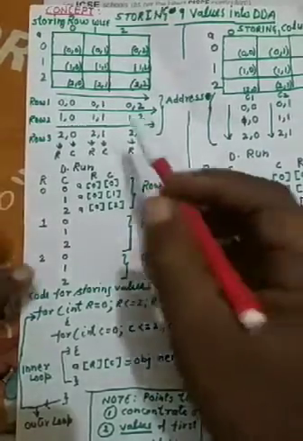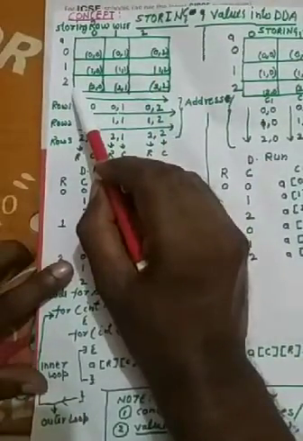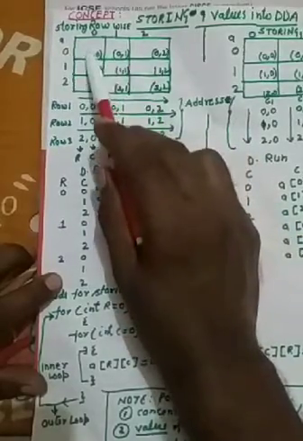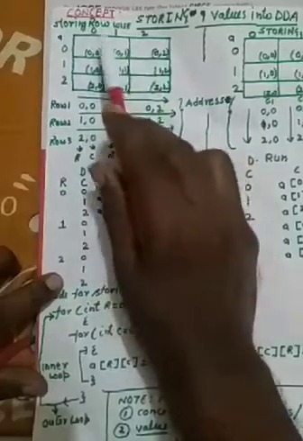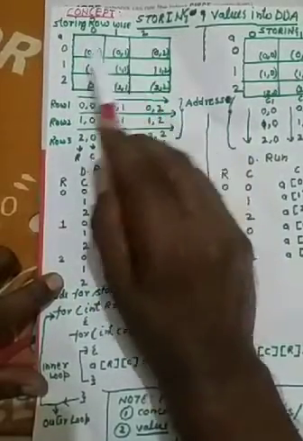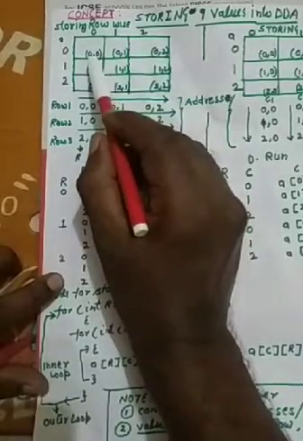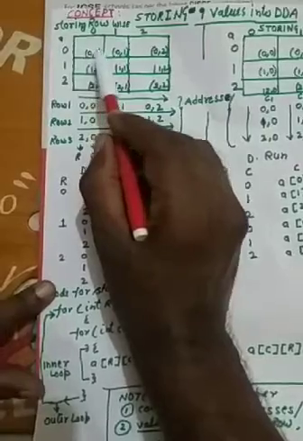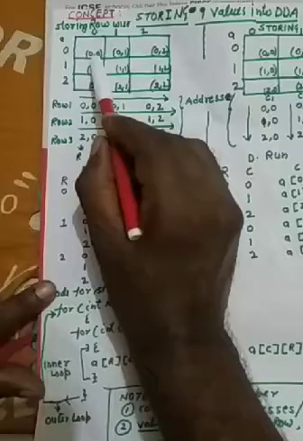Consider this 3 into 3 matrix, or double dimension array, which has 3 rows, 0, 1, 2, and 3 columns, 0, 1, 2. The important thing is you have to find out the address of that particular double dimension array.